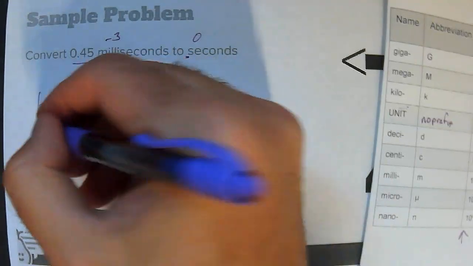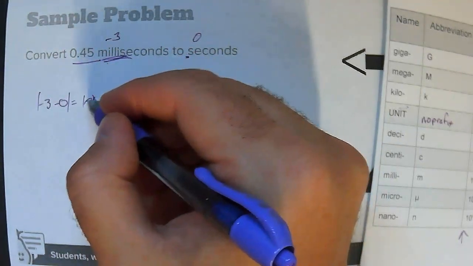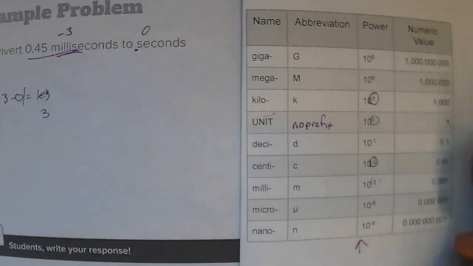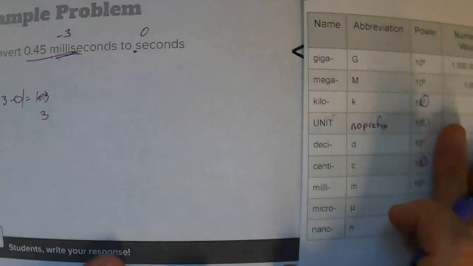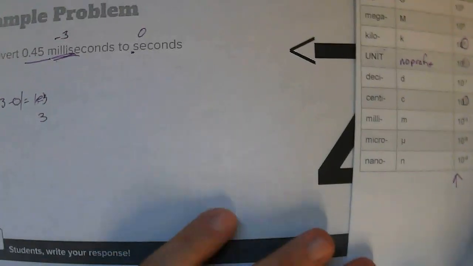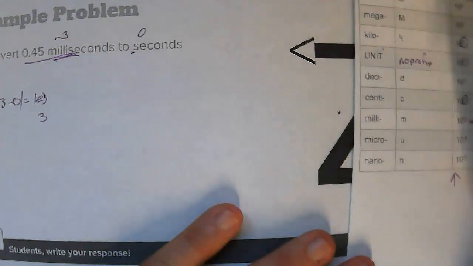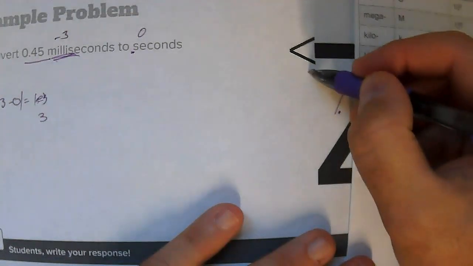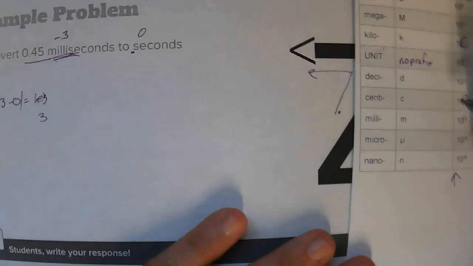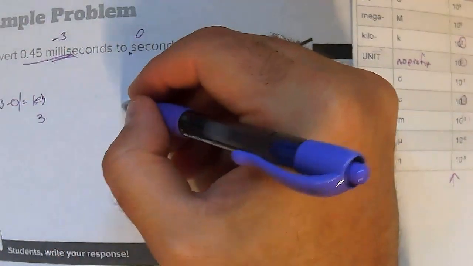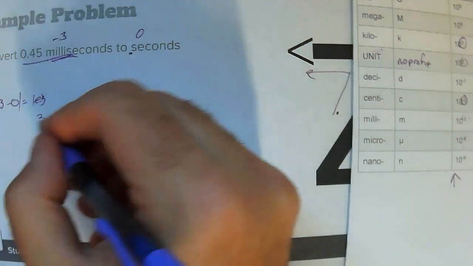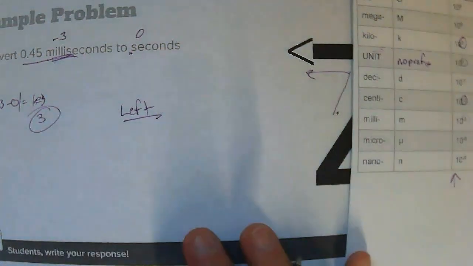But again, we're going to do absolute values. So this is just 3 places. Now we have to decide if it's left or right. So we're at milli here, and we're going up to the unit with no power. Okay, so we're going to move this to the left. We're going to Beyonce this to the left, 3 places.